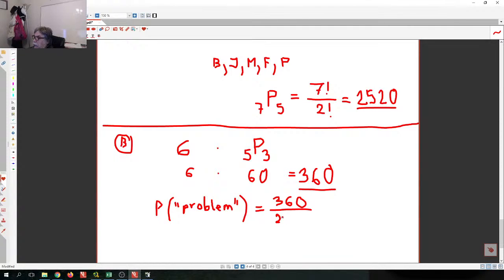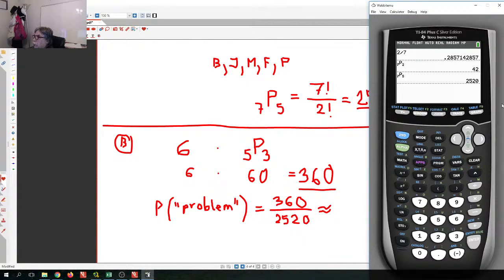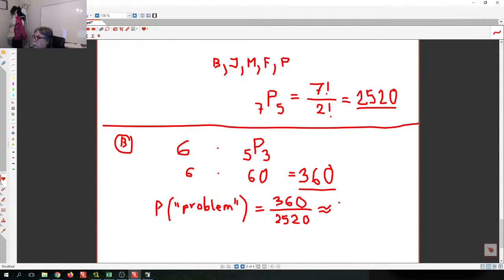That's what we calculated, all equally likely. 360 is with John and Bill in the same row. This is not going to be calculated precisely, but I can get this done. So I get about 14% according to my calculator. So I have a 1 out of 7 chance to get trouble if I don't pay attention that this cannot be done.